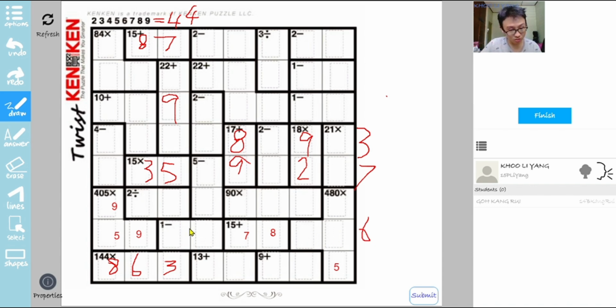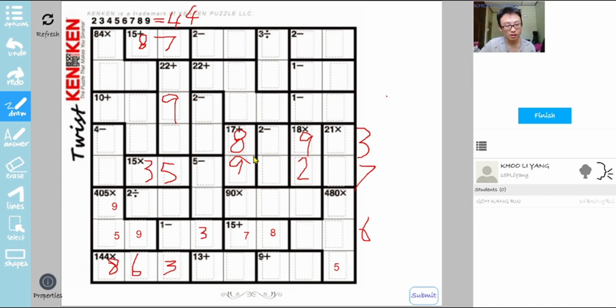So 2, 3, 4, these three numbers are left. There are only two possibilities, which is 4 minus 3 and 3 minus 2. These two possibilities contain 3, so 3 will be here.